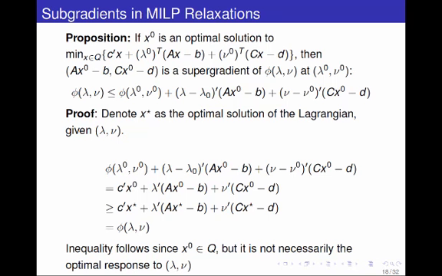And when we compute phi for this lambda 0 nu 0, what is the supergradient of this function? Forget duality for a moment. Just think of this as a concave function, suppose differentiable. What is its supergradient? It's the gradient.